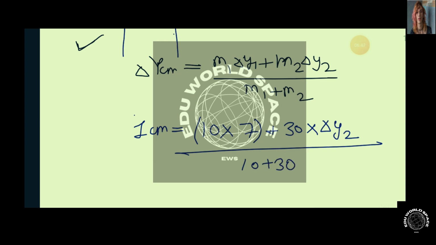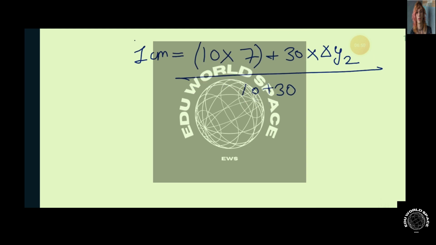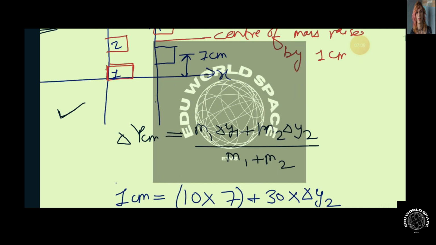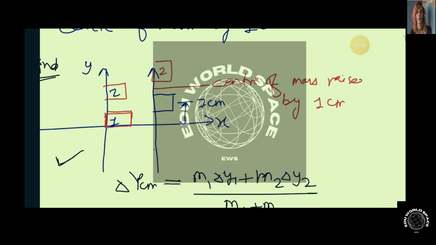Now simplify it, then I will get delta y2 equal to minus 1 centimeter. It means the change in position of the second block is negative 1 centimeter. That means its new position is found by moving down from its initial position.